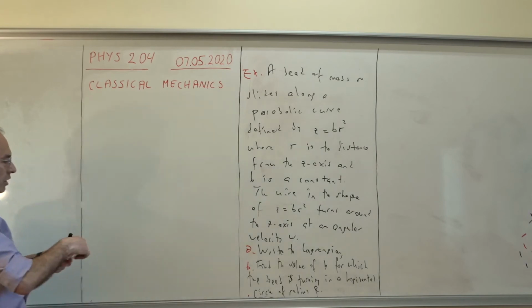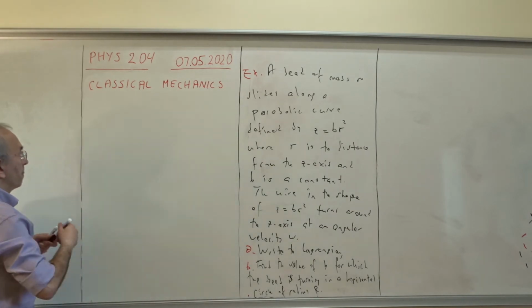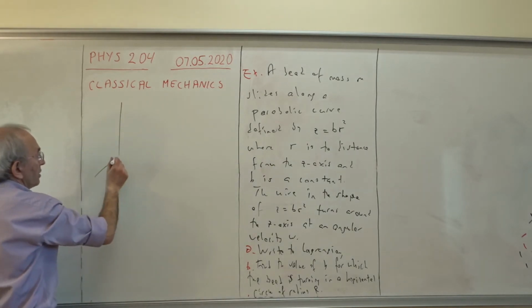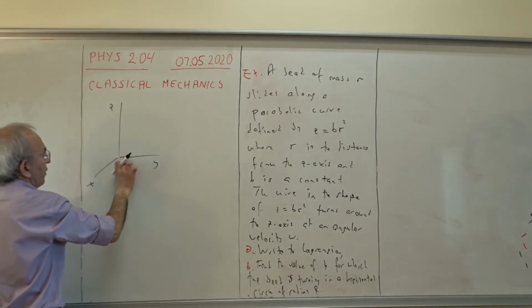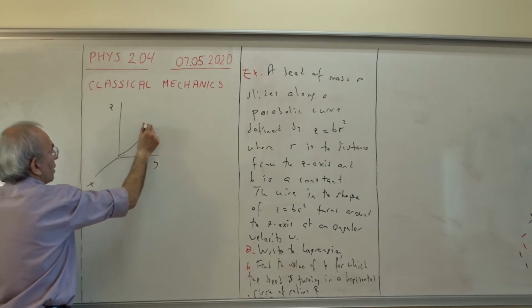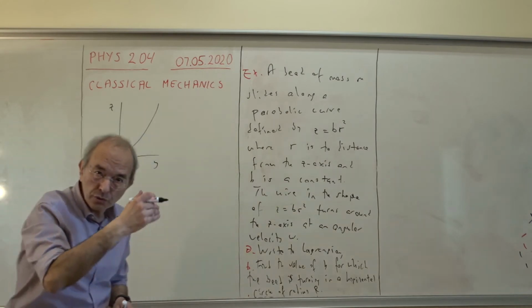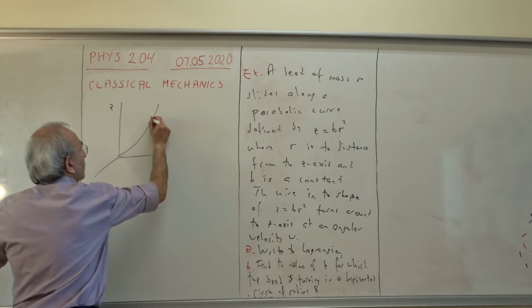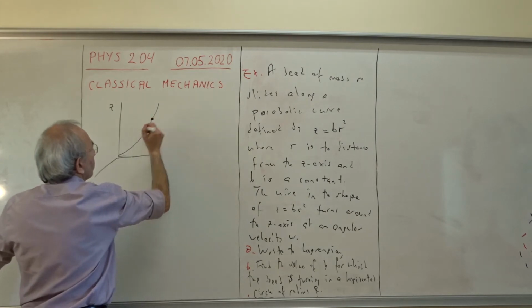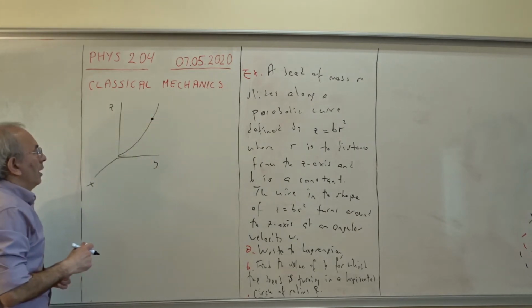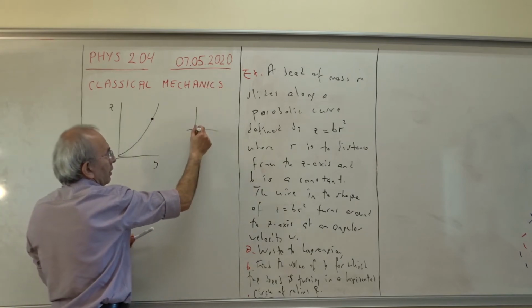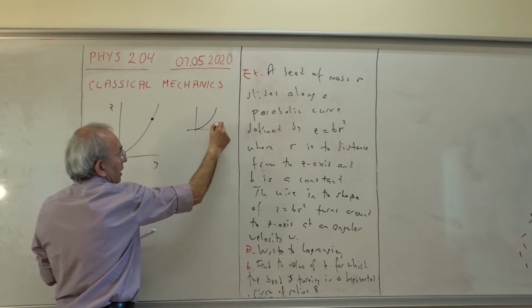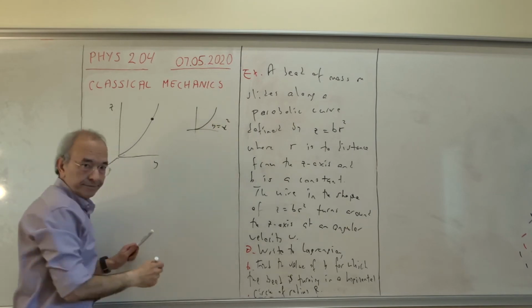Okay? So let me draw the picture now. So that these are the x, y, and z axes, and this is the curved wire, and here is the bead. What are the quantities? Remember that this is a function y equals x squared.